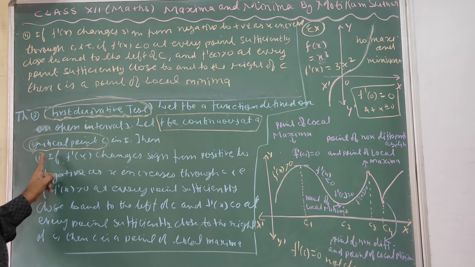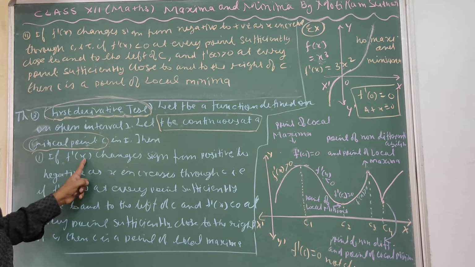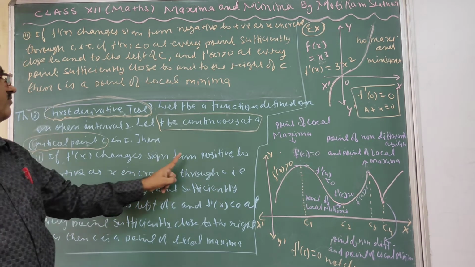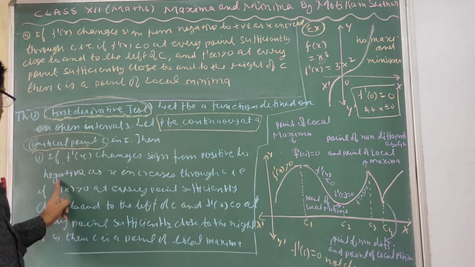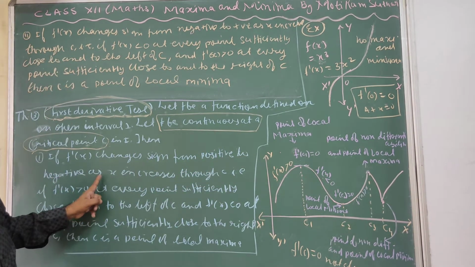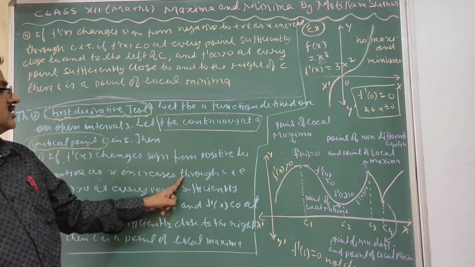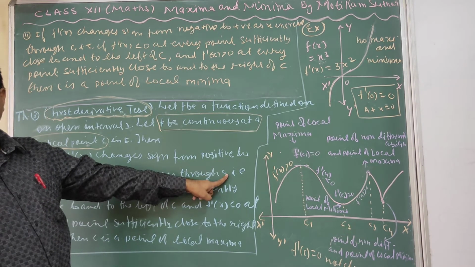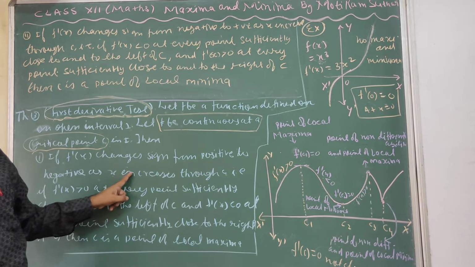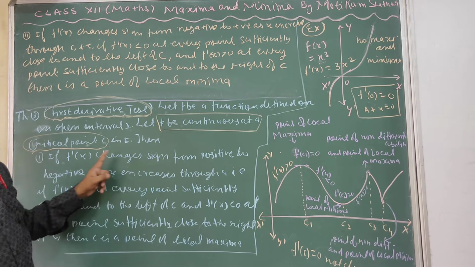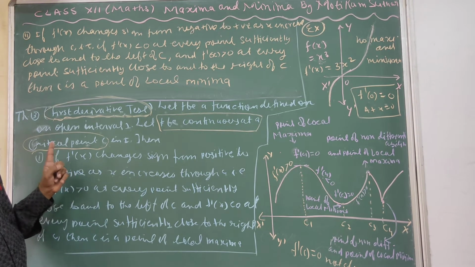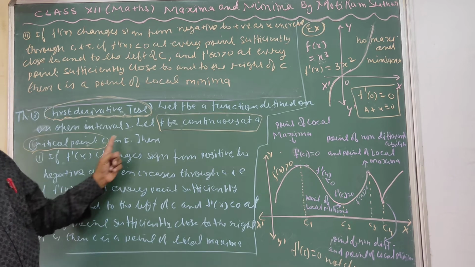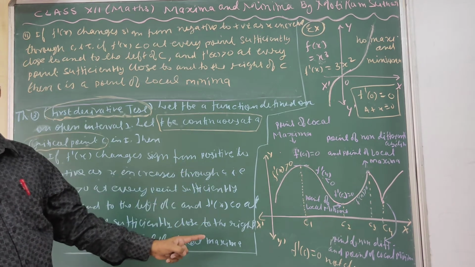First point: if f dash x changes sign from positive to negative as x increases through c, as the value of x is increasing, then the corresponding value of the derivative changes from positive to negative.